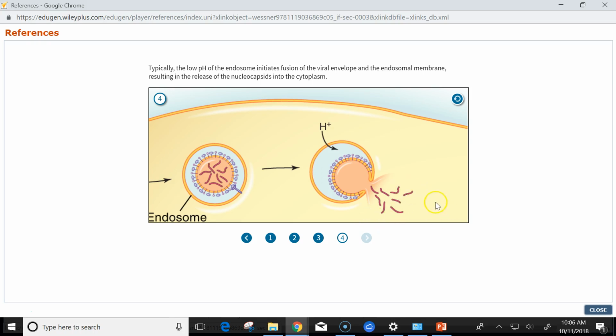So they don't show the uncoating process here for this particular one. So these are the ways it can get into cells that have membranes, like our cells. And as I said in the beginning, of course, most of the viruses we actually came in contact with were enveloped viruses. And then we discovered the ones that don't have the envelope.